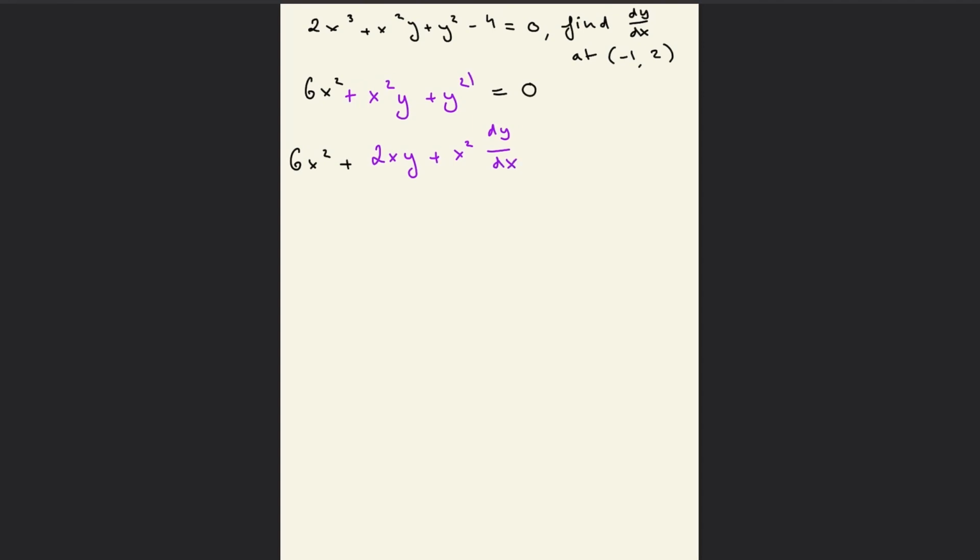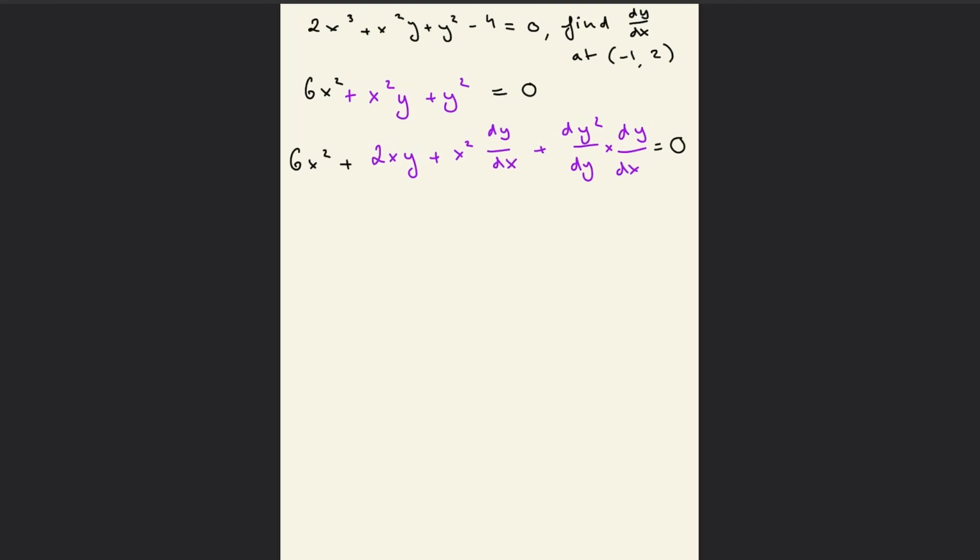And then we have this left over, which we saw in our last example. So we have d(y squared)/dy times dy/dx. And all of this is going to equal 0. Makes sense? And now, well, we can just factor out our dy/dx, because our final goal is to have dy/dx on one side.